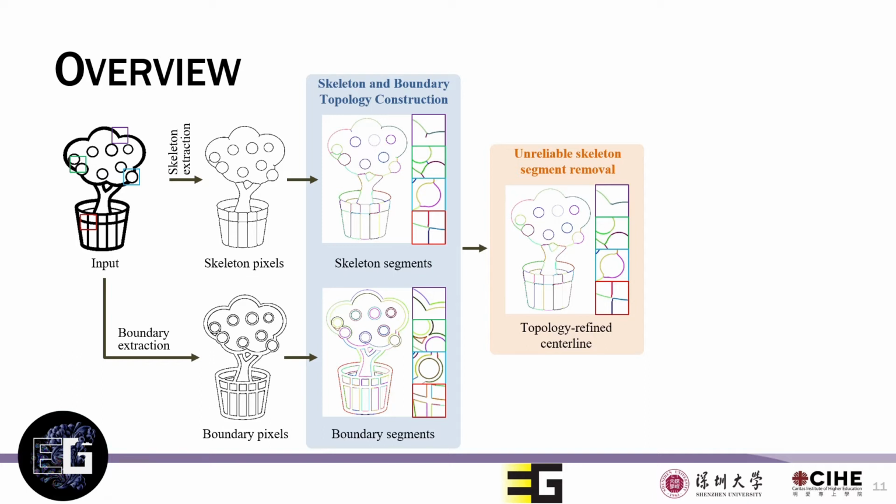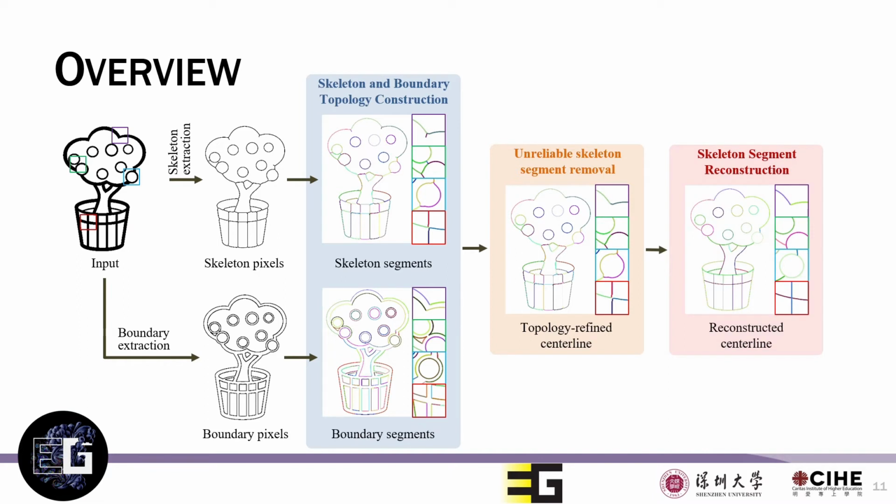We further refine the topology of the center line by removing redundant skeleton segments. And finally, we reconstruct the wrong part of the remaining skeleton segments. After this series of steps, the output can well conform to human perception.